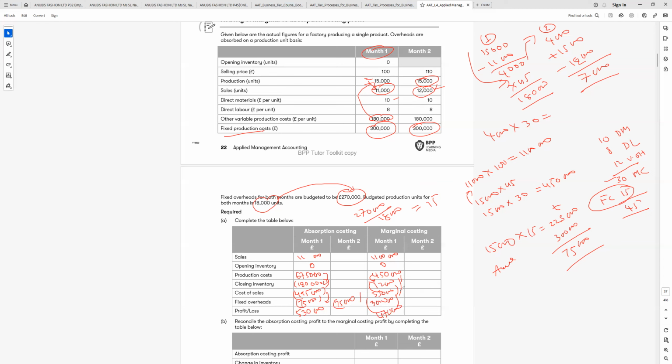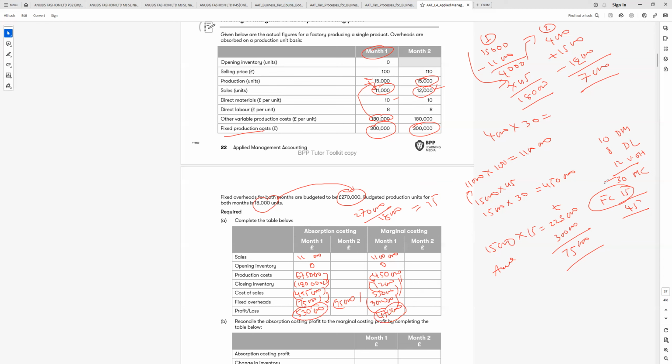So under the absorption costing, the profit is 530,000. And under the marginal costing, the profit is 470. It always happens. Under the marginal costing, our profit will always be lower if we have a closing inventory. Remember that, because when we calculate the unit cost, we do not include the fixed cost under the marginal cost.